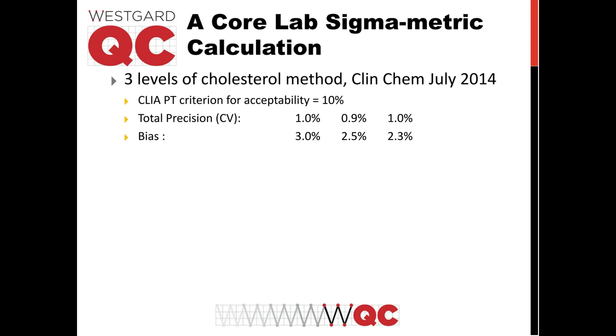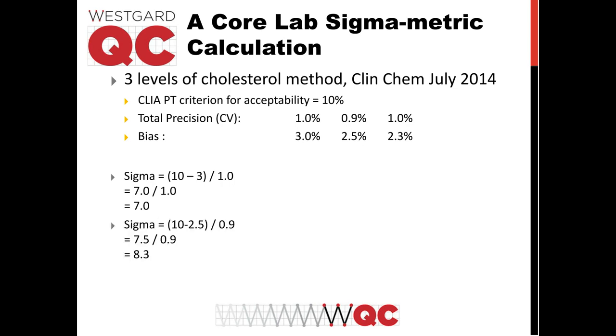And if you have a peer group program, or in this case, you had a reference method, it's cholesterol, we know we have a reference network, we can determine our bias at the same 3 levels where we're running our controls to determine CV. And so in this case, we have 3 different possible sigma metrics. At the low end, 10 minus a bias of 3 divided by imprecision of 1, it's better than 6 sigma.